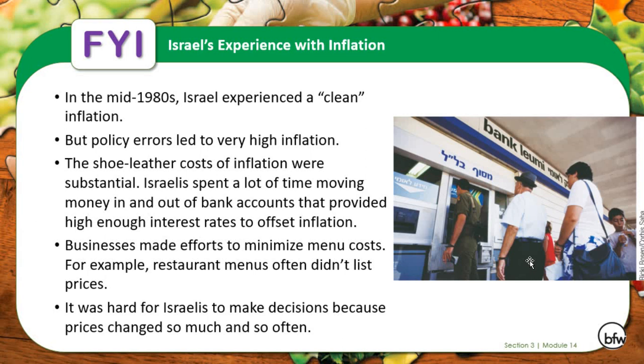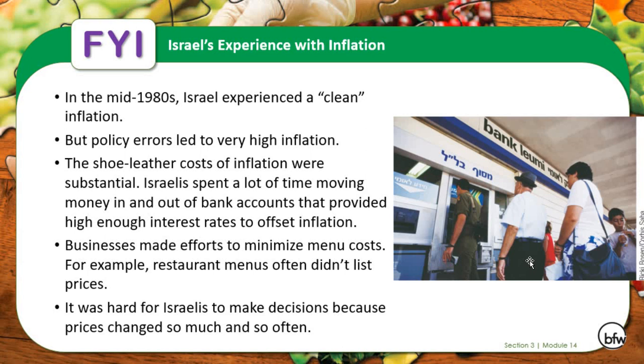A couple of examples. One main example: in the mid-1980s, Israel experienced what's called clean inflation, but policy errors led to very high inflation after that. It started off maybe a little high, but not too bad. But then the central bank in Israel made some errors. The shoe leather costs were substantial. Israelis spent a lot of time moving money in and out of bank accounts that provided high enough interest rates to offset inflation. Businesses made efforts to minimize menu costs.